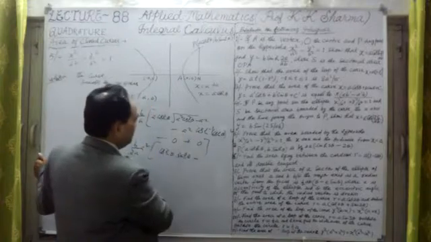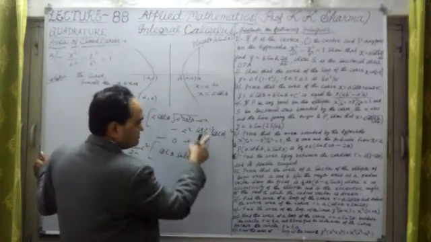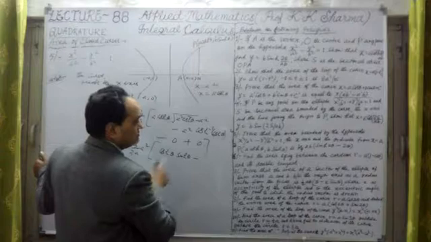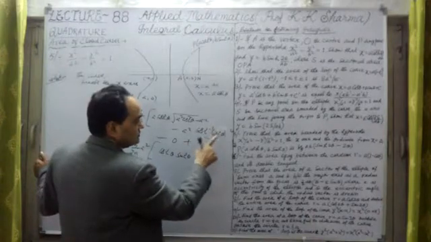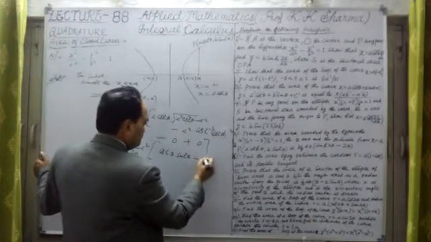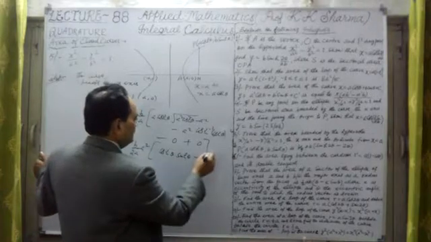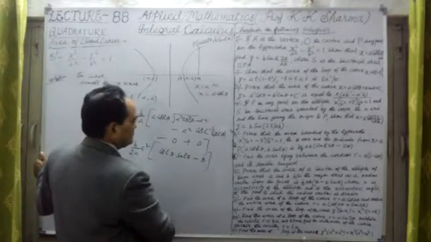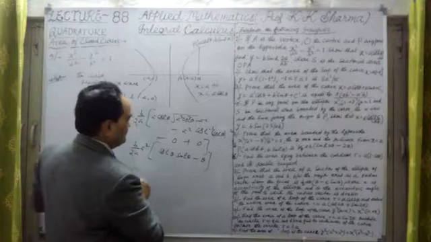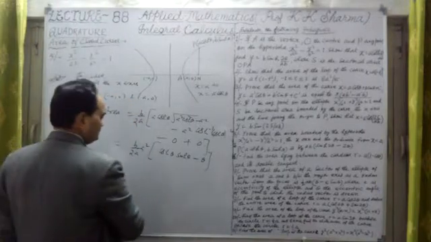Minus a square we have taken outside, and this is only cosh inverse of cosh theta, that means only theta.